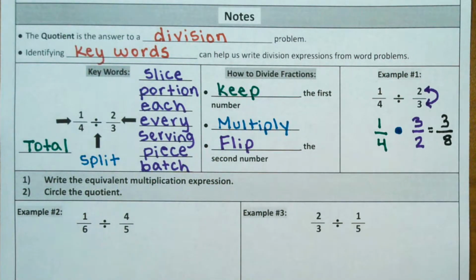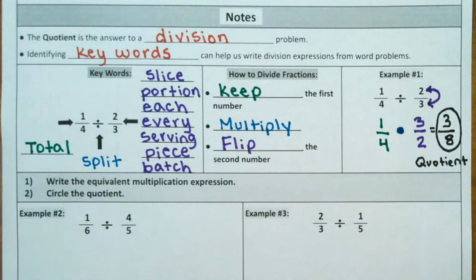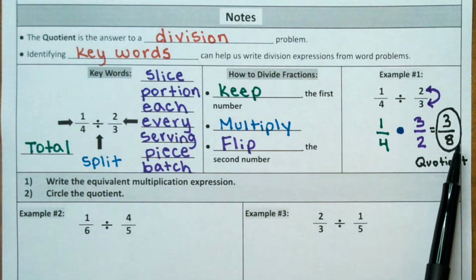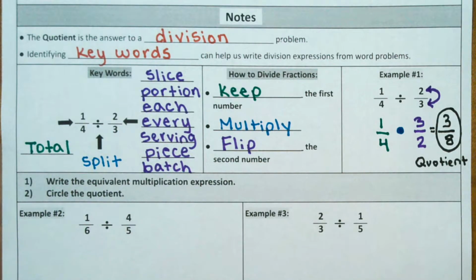So now we'll circle our quotient, 3/8. And I also want you to write the word quotient underneath, just because sometimes writing down things helps our brain remember it. So I want you to remember that the answer to our division problem is the quotient.